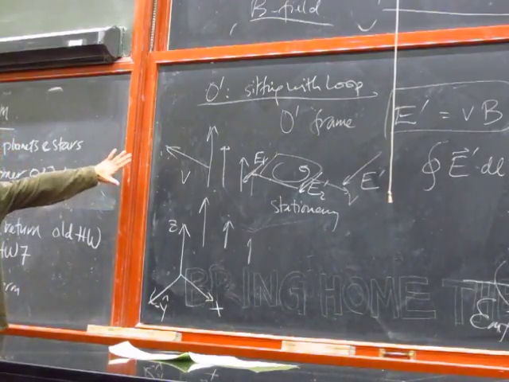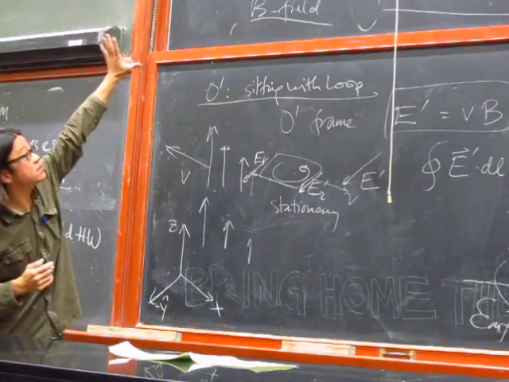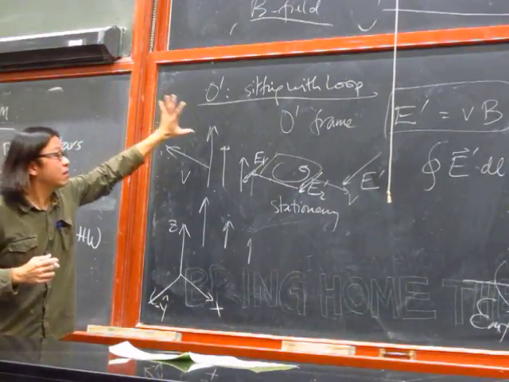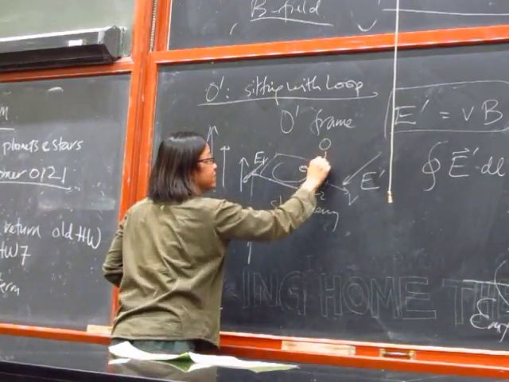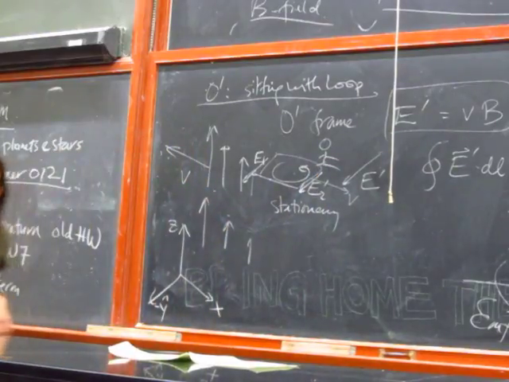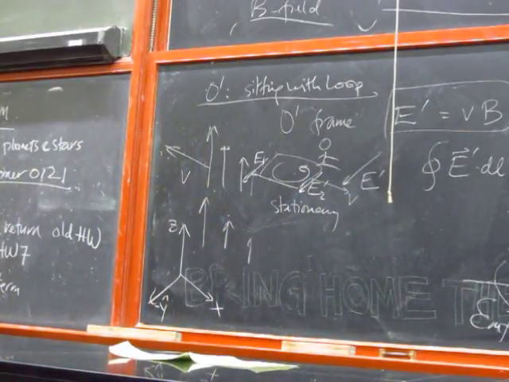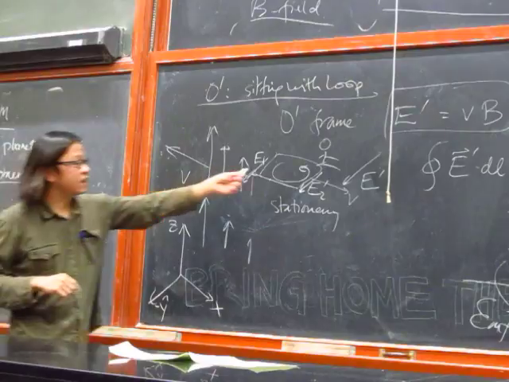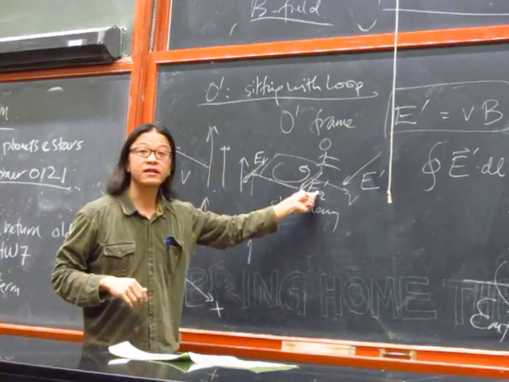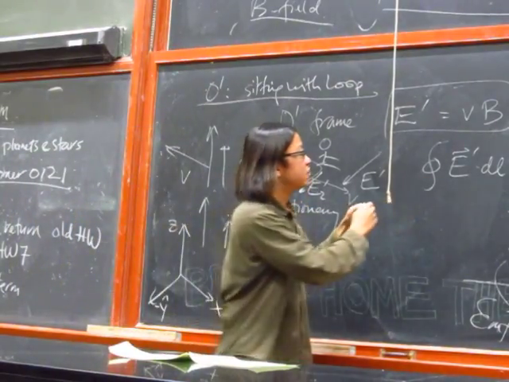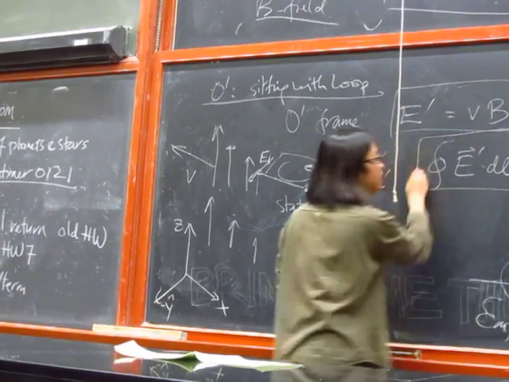So what happened is I'm analyzing the whole situation up there. Charlie is here now, sitting on the loop. From Charlie's point of view, there is an E field, and this E field is creating a non-zero line integral.